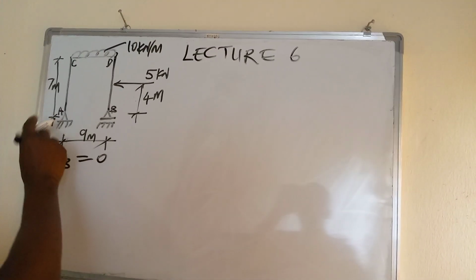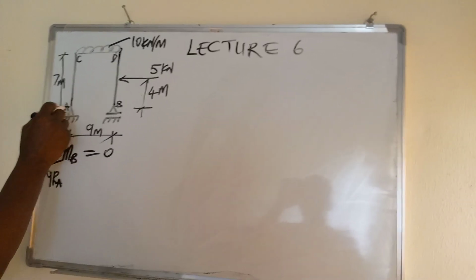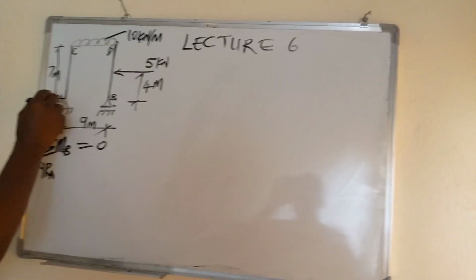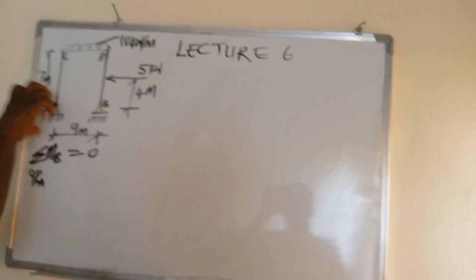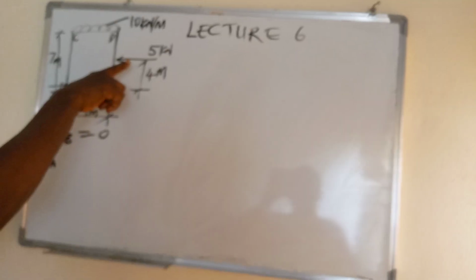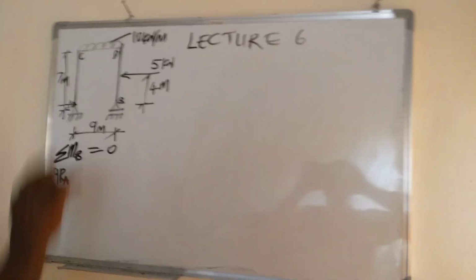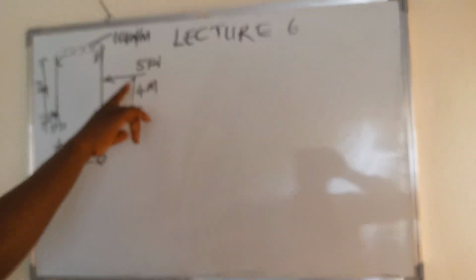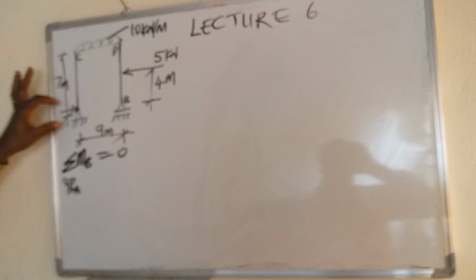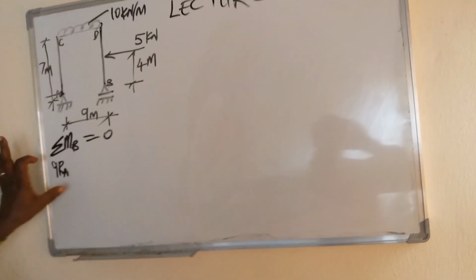The other one: there is a horizontal reaction at point A, because there's a horizontal force, 5 kilonewton. So a horizontal reaction will be developed at point A against that 5 kilonewton. Now, that horizontal reaction at point A will not come into this moment because it is at the same level as point B where we're taking moment.